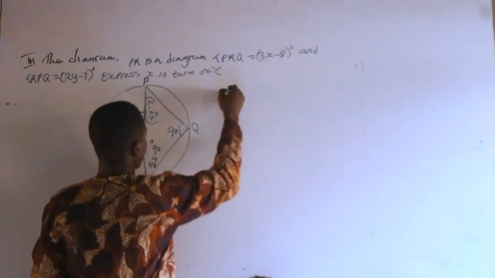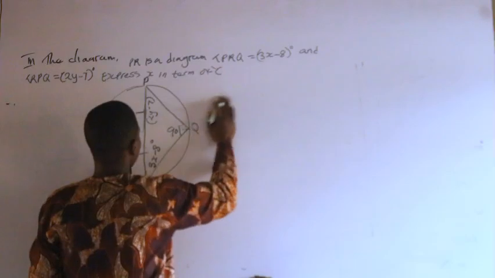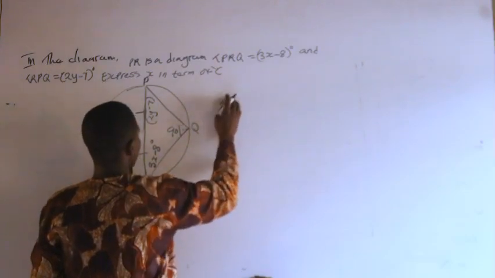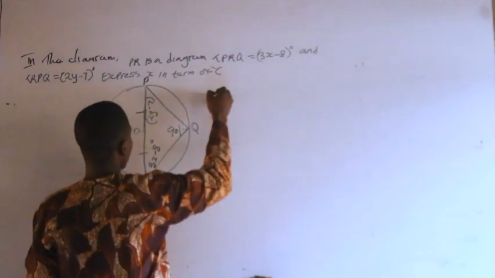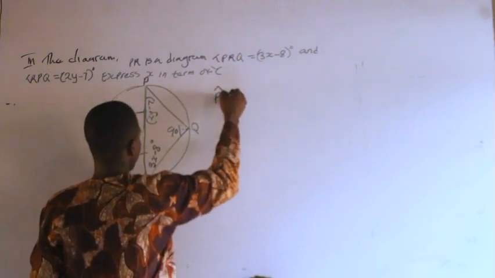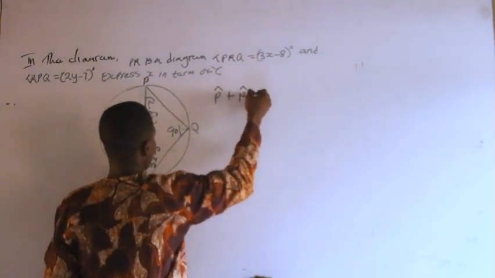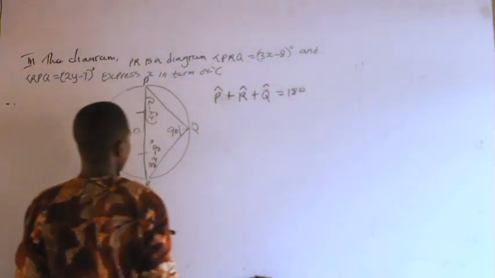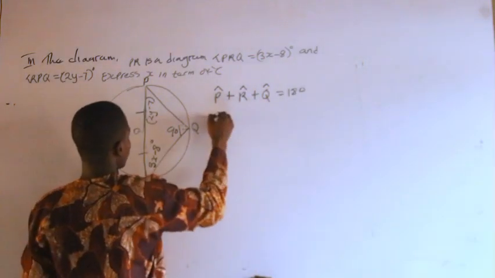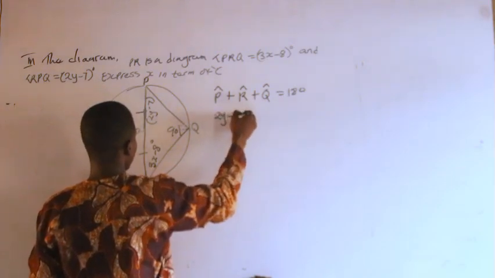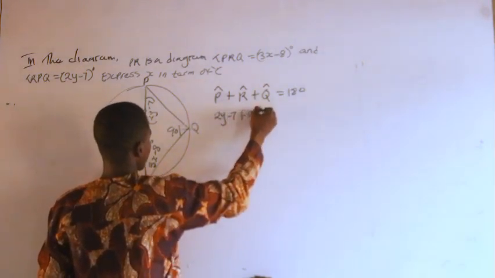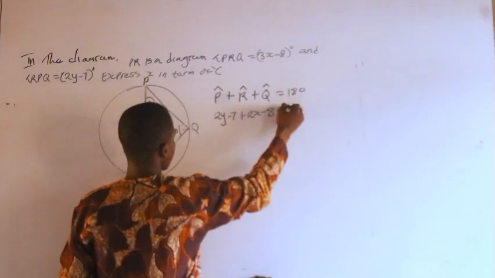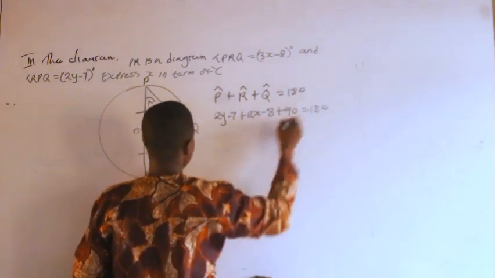When you add all of them together, P plus R plus Q equal to 180. Now, it will be 2y minus 7 plus 2x minus 8 plus 90 equal to 180.